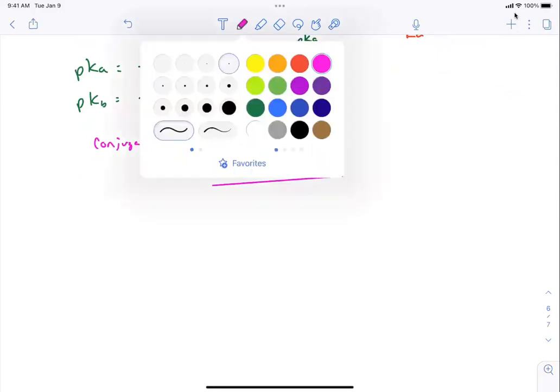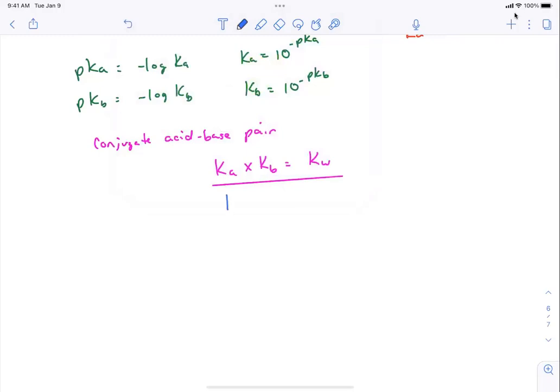But what this is important for is that if the Ka goes up, the Kb has to go down, which means if you have a stronger acid, you have a weaker conjugate base, and vice versa. The weaker the acid, the stronger the conjugate base.